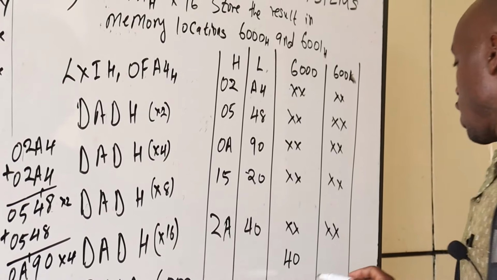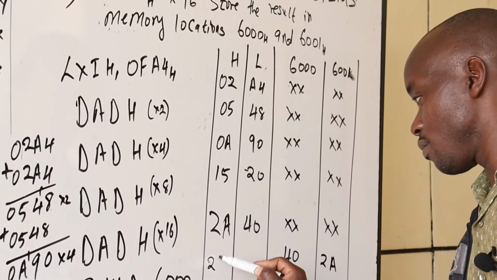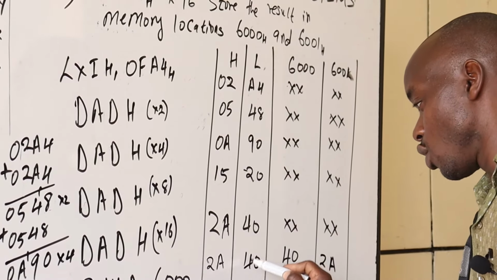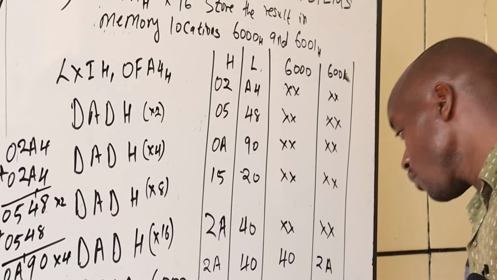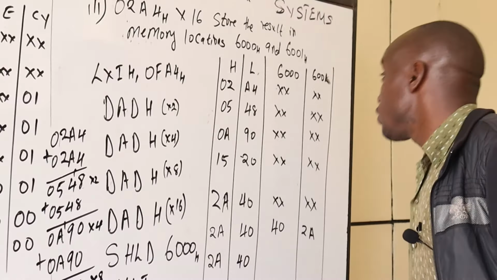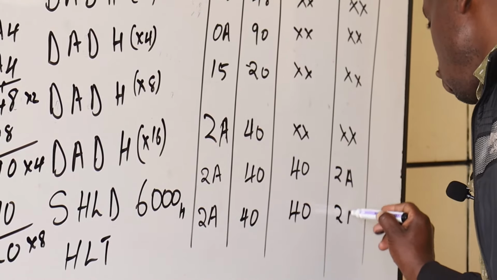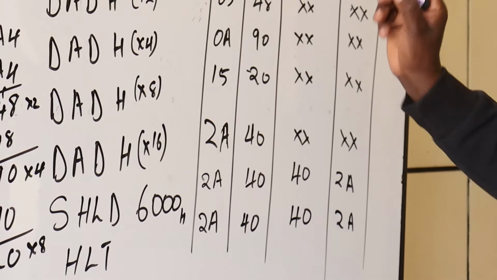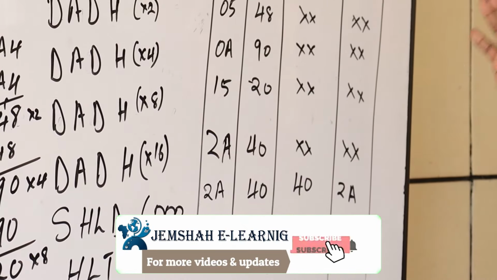What's in H is 2A, it will go to the next memory location. Then still, it will remain here 40. So once we stop, still H will be having 2A, R will be having 40. This memory location, because we have stored, will be having 40, and then we have 2A here. And now, this is what the instruction will be doing in each execution.